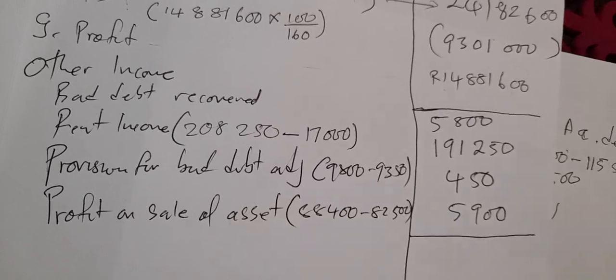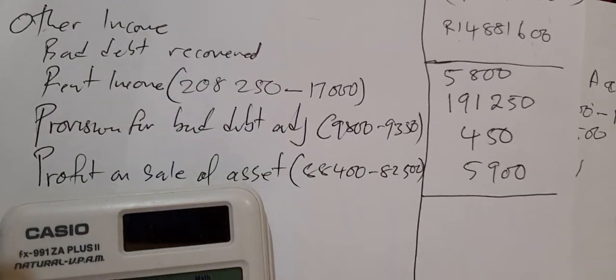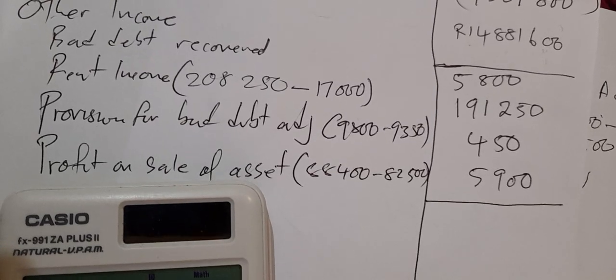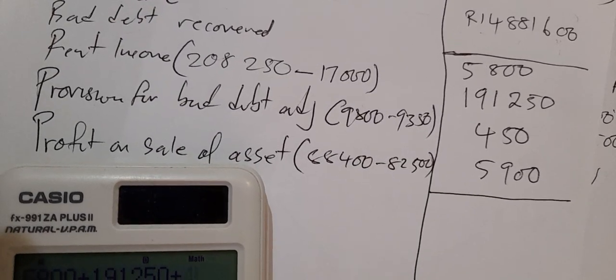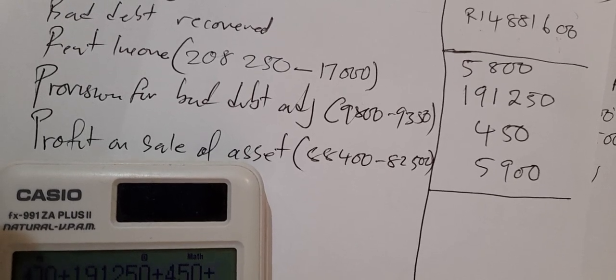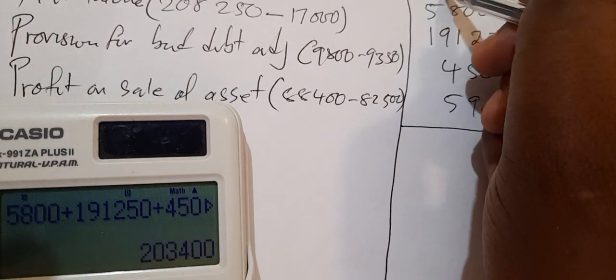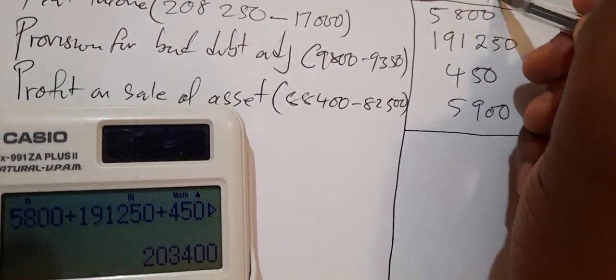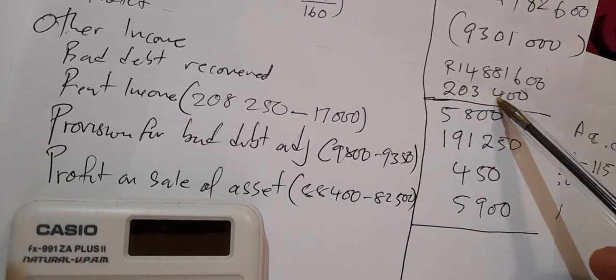So we can now add, so we can get the total amount of other incomes. 5,800 plus 191,150 plus 450 plus 5,900, which gives us 203,400.